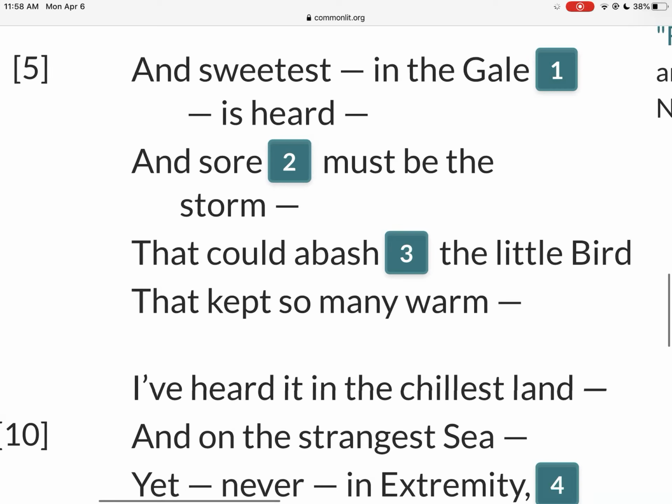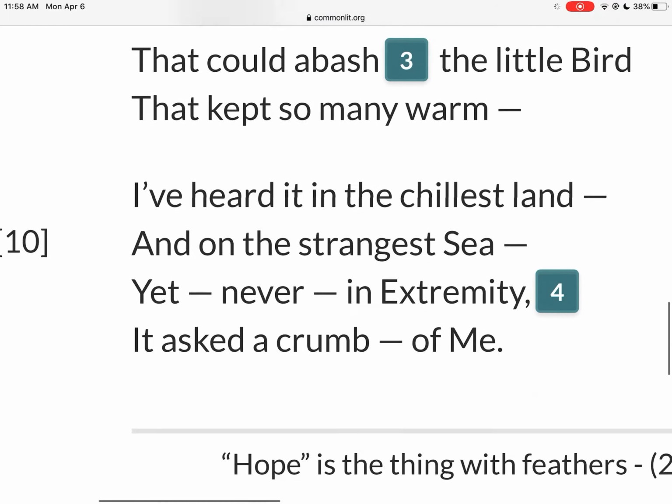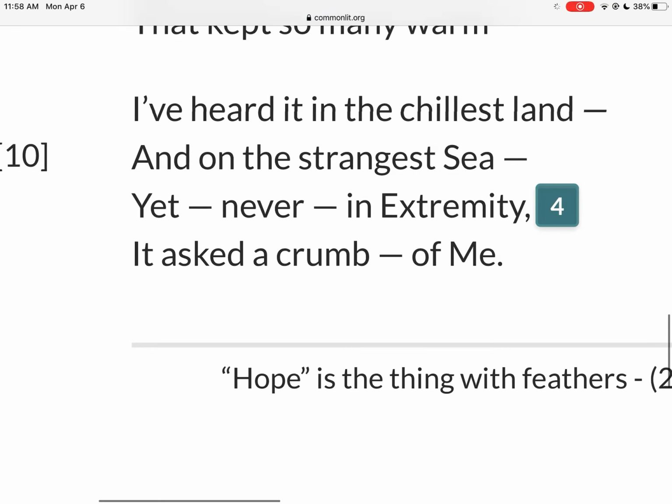And sweetest in the gale is heard, and sore must be the storm that could abash the little bird that kept so many warm. I've heard it in the chillest land and on the strangest sea, yet never, in extremity, it asked a crumb of me.